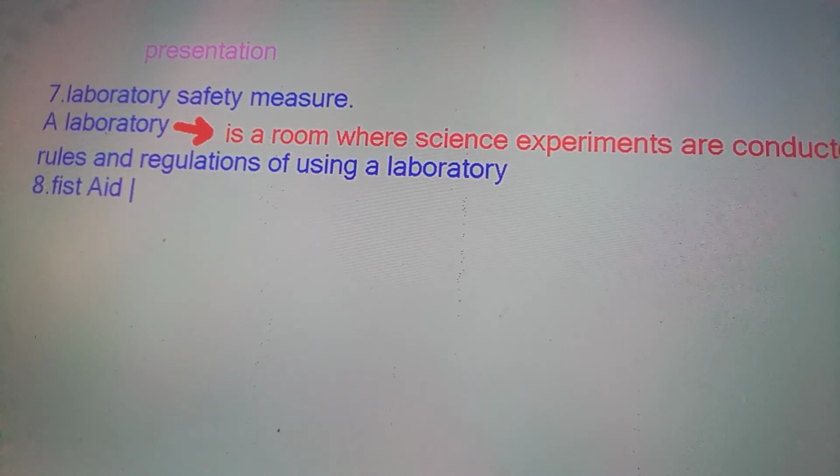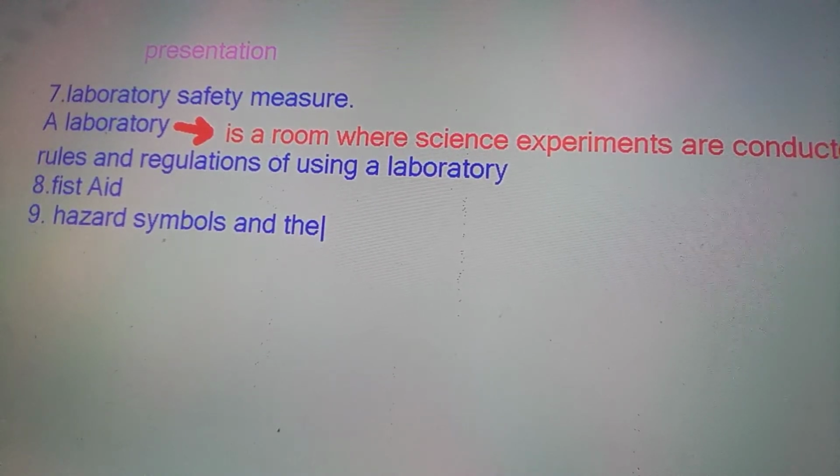We have seen also hazard symbols and their meaning.